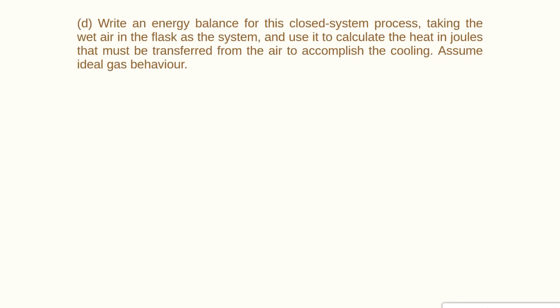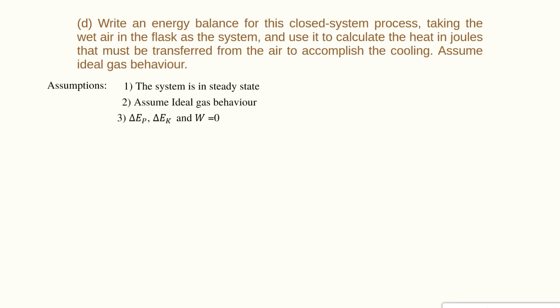The last question is, write an energy balance for this closed system process taking the wet air in the flask as a system and use it to calculate the heat in joules that must be transferred from the air to achieve the cooling. Assume ideal gas behavior. First, we need to state the assumptions: the system is in steady state, ideal gas behavior, and delta EP, delta EK, and W equal 0.